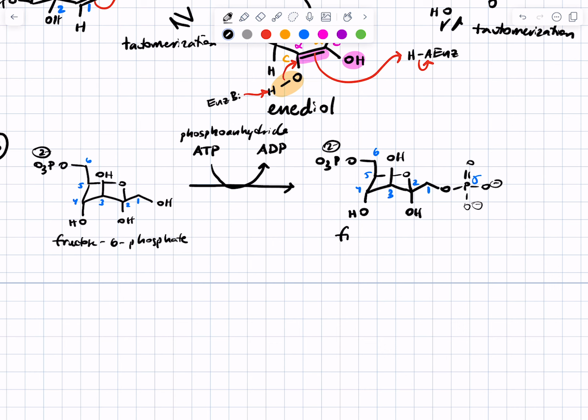This product is called fructose 1,6-bisphosphate. Why don't they say diphosphate? Well, diphosphate's reserved for an actual phosphoanhydride connection between two phosphate groups, as in ADP. They call it bisphosphate to indicate two phosphoesters on two different oxygens in the molecule.